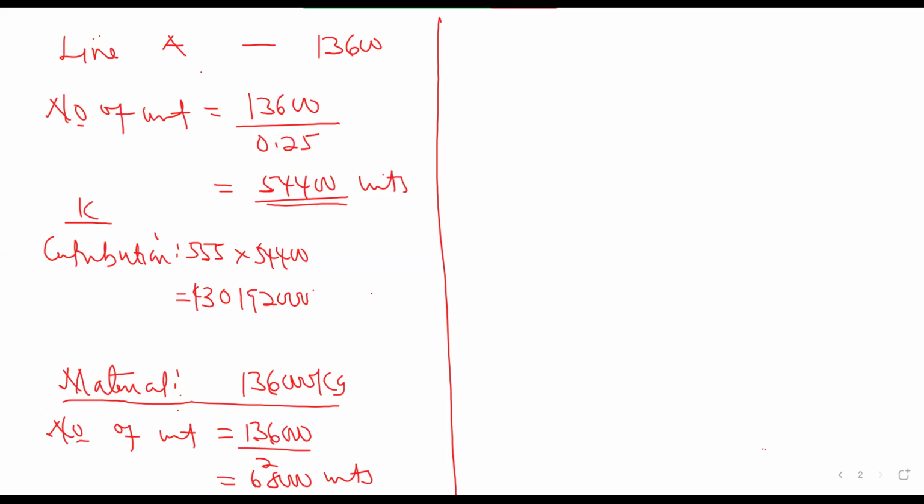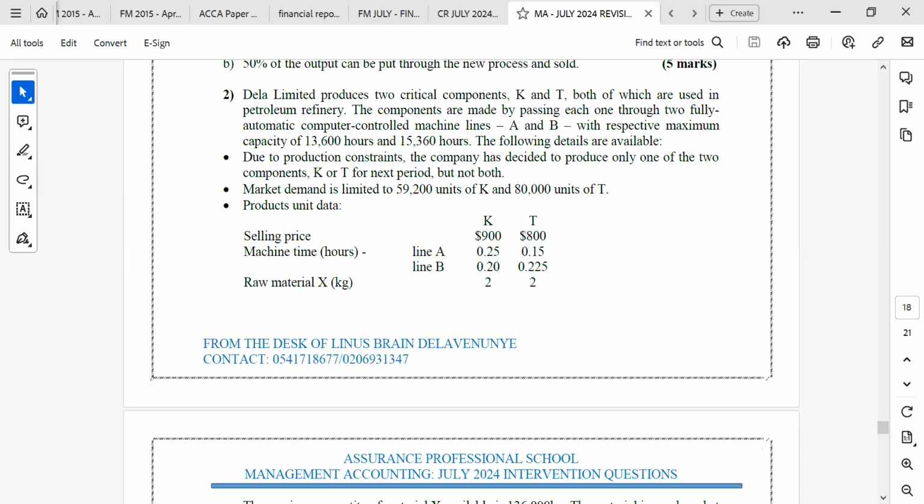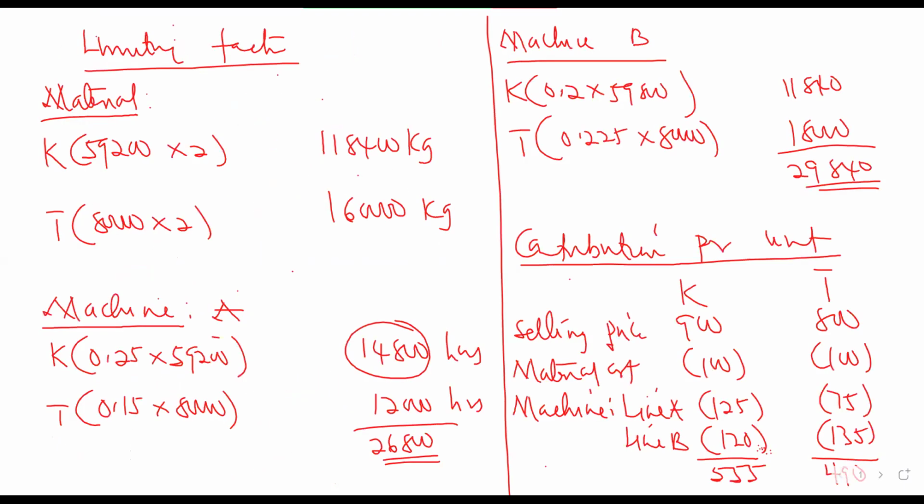So let's check if we have the hours on product K and product T to produce that. We know that the hours per unit for product T is 0.5 on machine A, multiplied by 68,000.